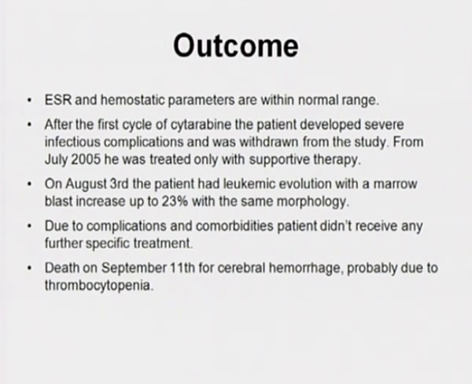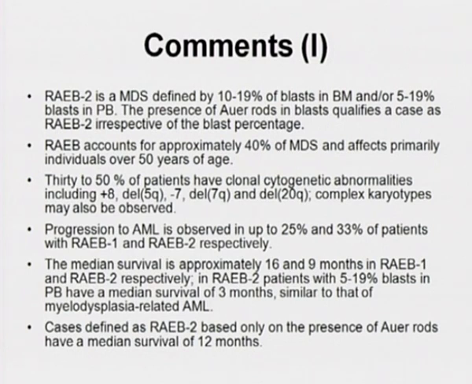In August, he had a rapid leukemic evolution with blast count in the marrow up to 23%, with the same monstrous morphology, and he had complications, and he died in September of cerebral hemorrhage, probably due to thrombocytopenia.